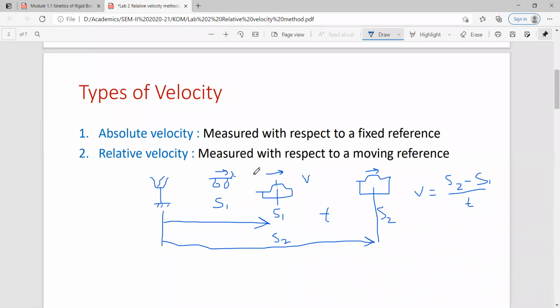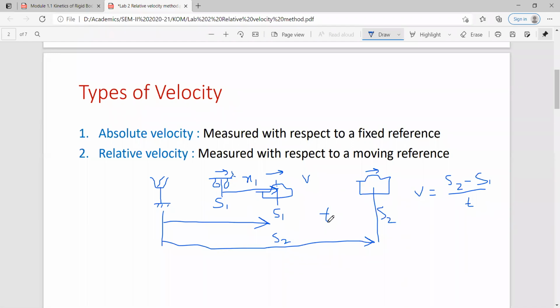So how will you measure the position of the car? You will measure the position of the car with respect to the bike. Initially say the distance between car and bike is x1. Suppose after some time the car moves to position S2, and the bike will also move in this direction.